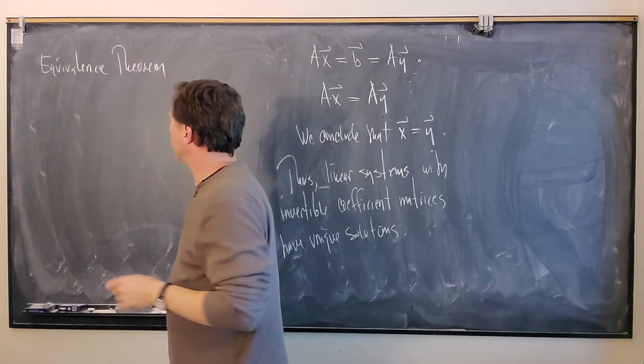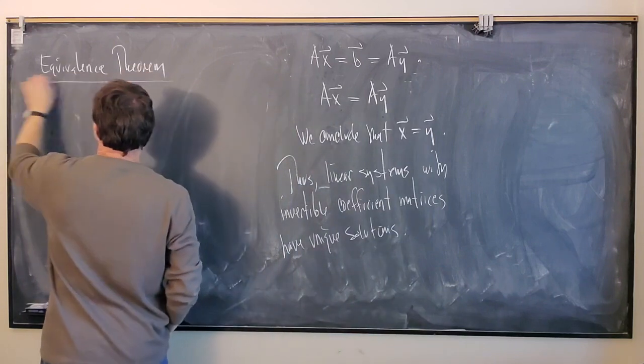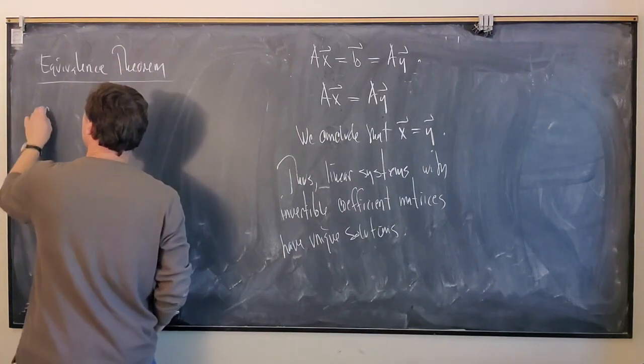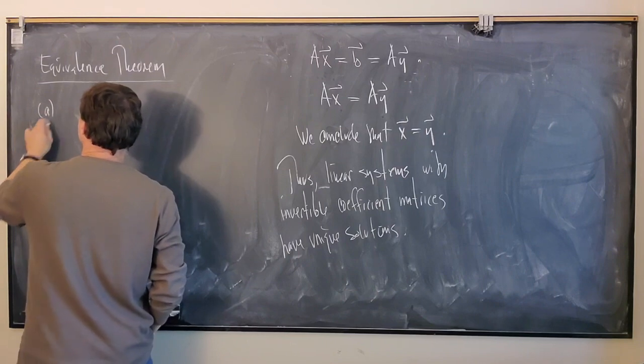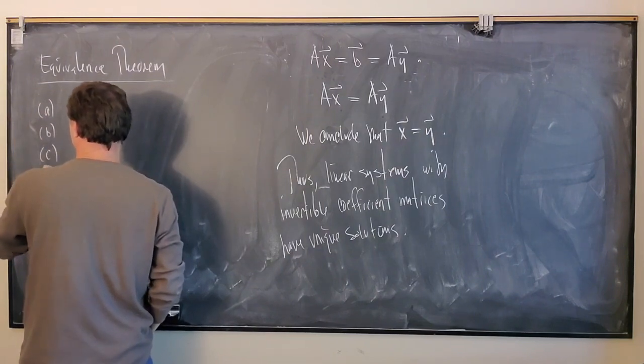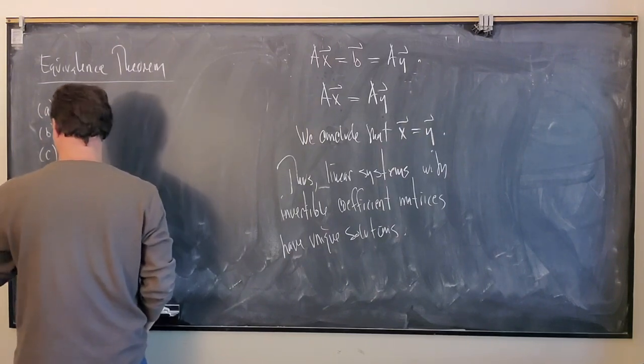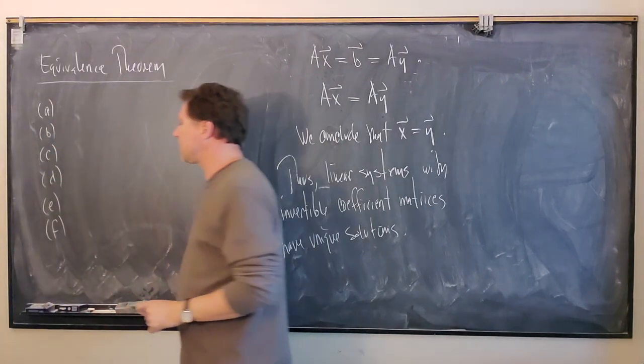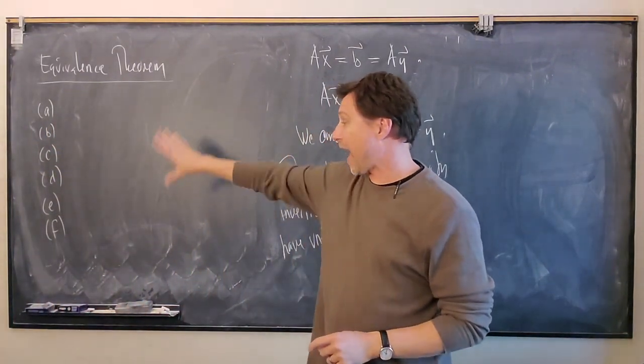And last time, I indicated that this theorem is going to keep growing. We had 4 parts, and now, with the computation that I just did, we're going to add 2 more parts.